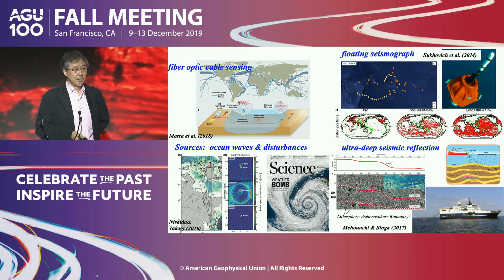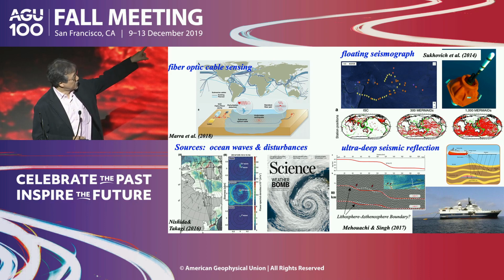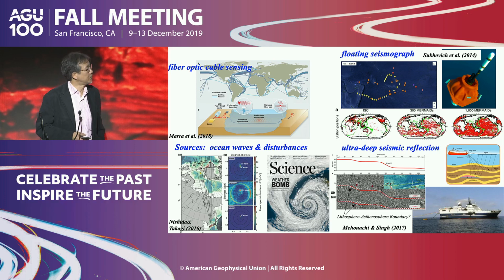Okay, so there is much more happening in seismology in the ocean. For example, on the top right, this floating seismograph called Mermaid is complementary and very promising. With 1,000 of these floating seismographs, we can cover the entire oceanic area within maybe 5 years or so, which would increase our ability to image the deep Earth from the ocean.